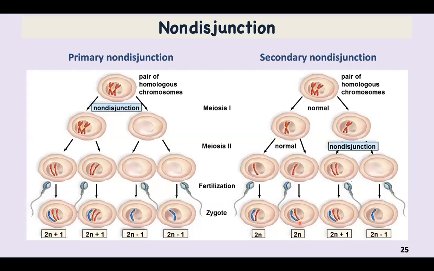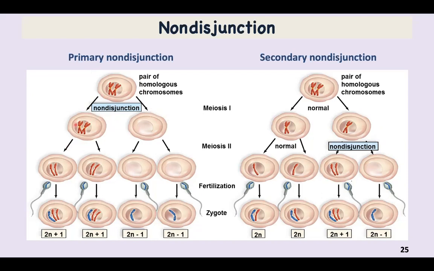Okay, there. This is a primary non-disjunction. Dia occur during meiosis 1 punya step tu. Okay. Primary, atas. So this is secondary non-disjunction. So what happen during non-disjunction? Sepatutnya yang ni homologous pair ni satu dekat sini, satu dekat sini.